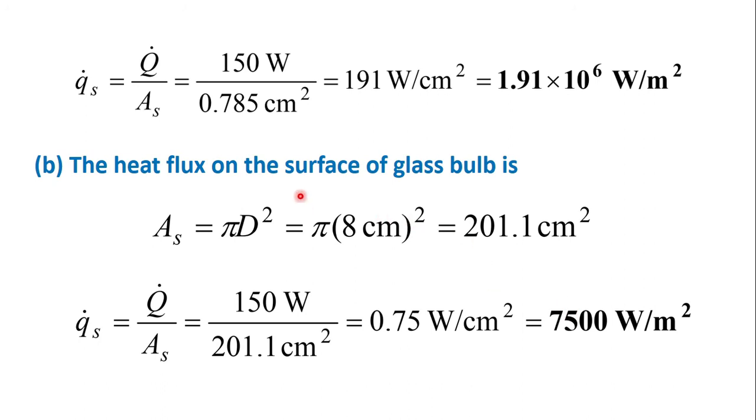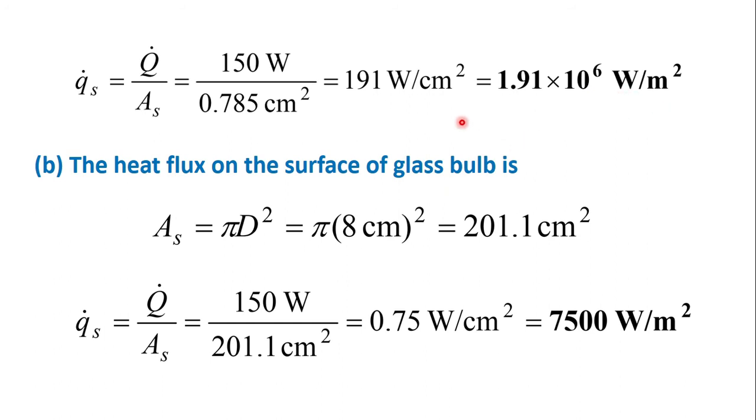So the heat flux can be calculated by dividing the rate of heat transfer by the surface area. The rate of heat transfer is given, which is 150 watt, and if you divide it by the surface area of the filament, you will get the flux, which will be equal to 191 watt per centimeter square. If you convert it into meter square, it will be equal to 1.91 multiplied by 10 raised to the power 6 watt per meter square.